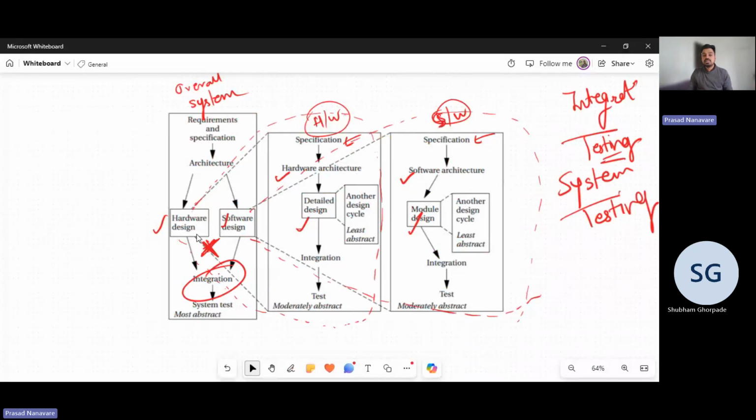So it says that once we are done with the common activities, then the team can split up. The hardware team can work on the hardware, and the software team can be working on the software part of it. While the testing of one will require stubs of the other, most of the hardware and software work can proceed relatively independently. You do not have any dependency on it.